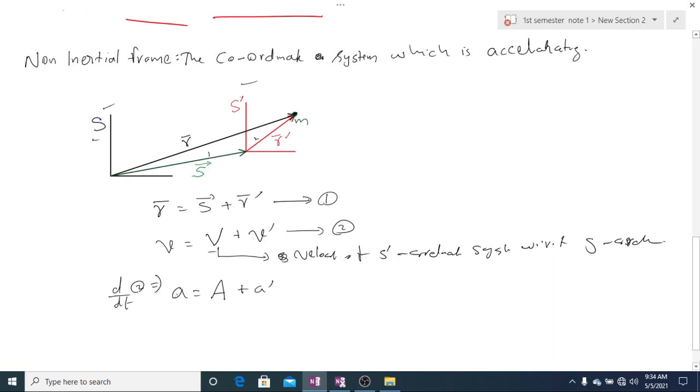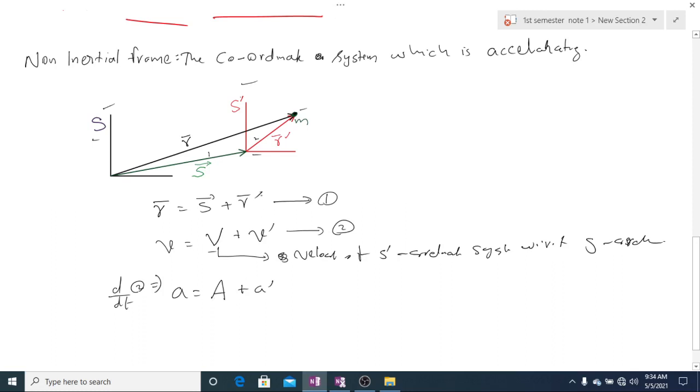What is a? a is the acceleration of this mass in S coordinate system. Capital A is the acceleration of S prime coordinate system with respect to S. What is a prime? a prime is the acceleration of the mass in S prime coordinate system.